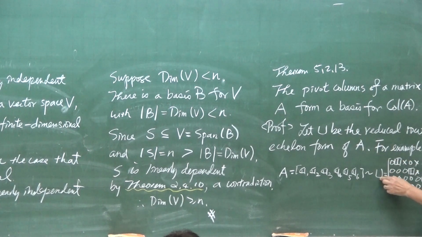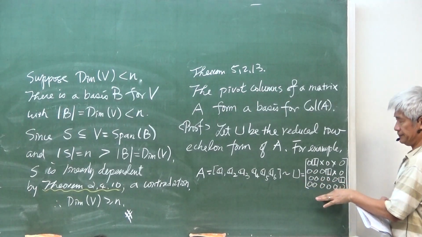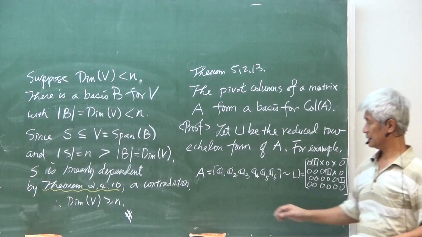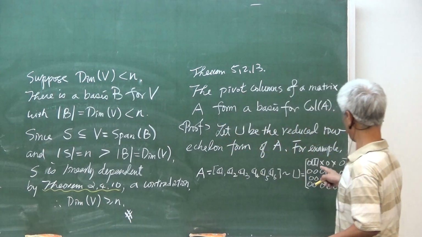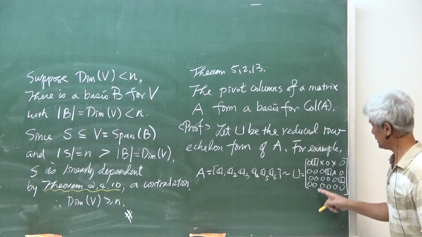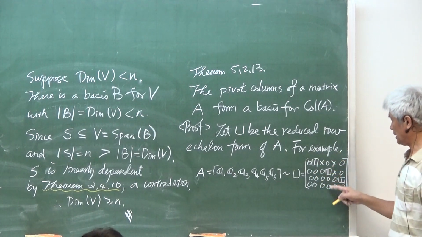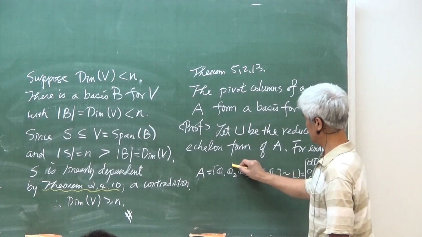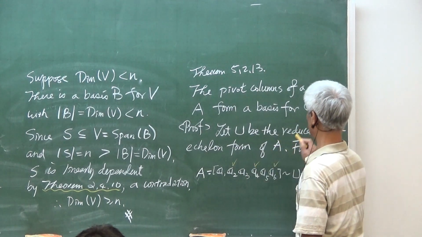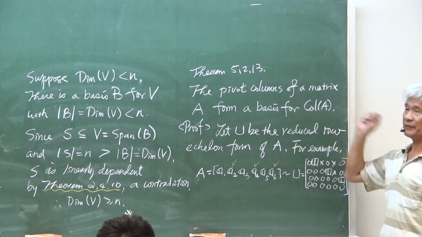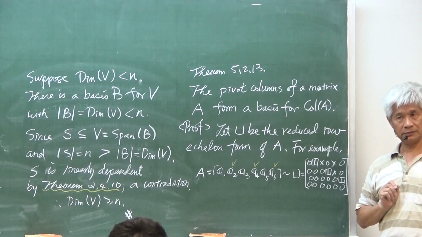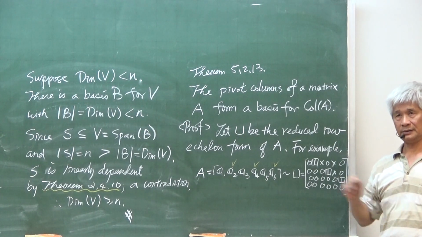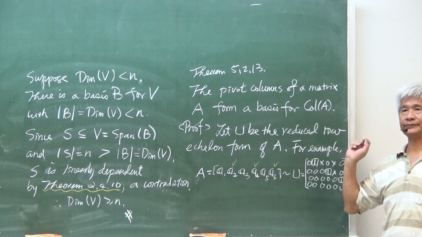And the reduced row echelon form is like this one. So you see that we have a pivot in the 2nd column, a pivot in the 4th column, and a pivot in the 6th column. So these 3 are pivot columns.